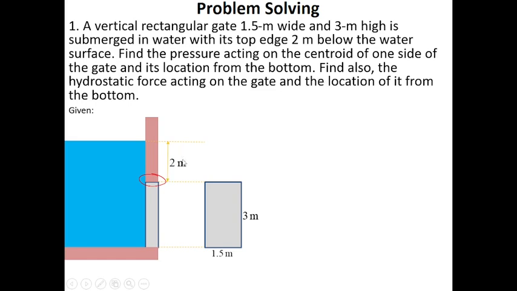Ayan. Two meters below the water surface. So find the pressure acting on the centroid of one side of the gate. So kukunin natin yung pressure acting on the centroid of one side of the gate.